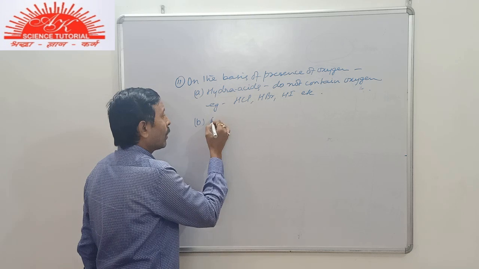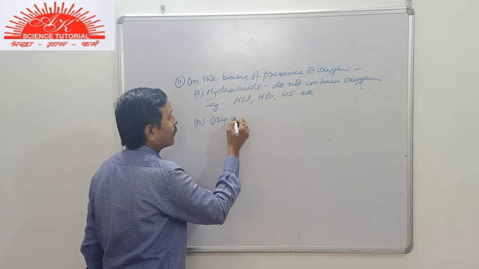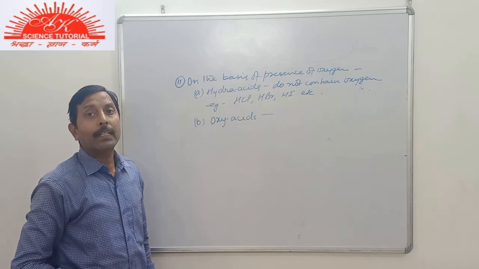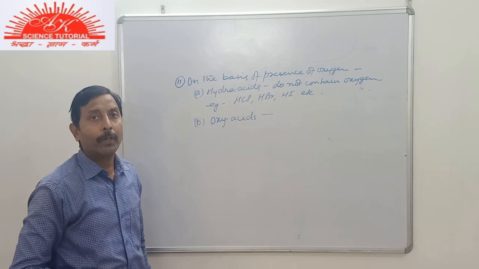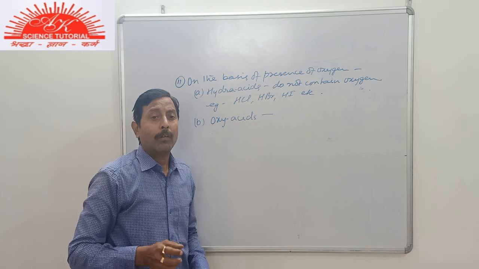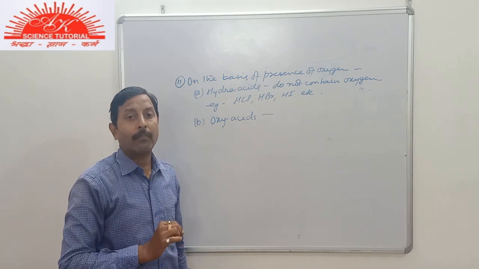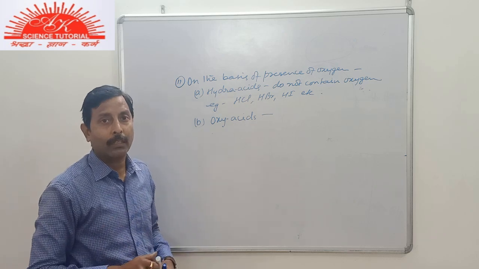Now next, it is oxyacid. Oxyacids contain oxygen. Means it will normally have three elements, one hydrogen, another a nonmetal, and oxygen.